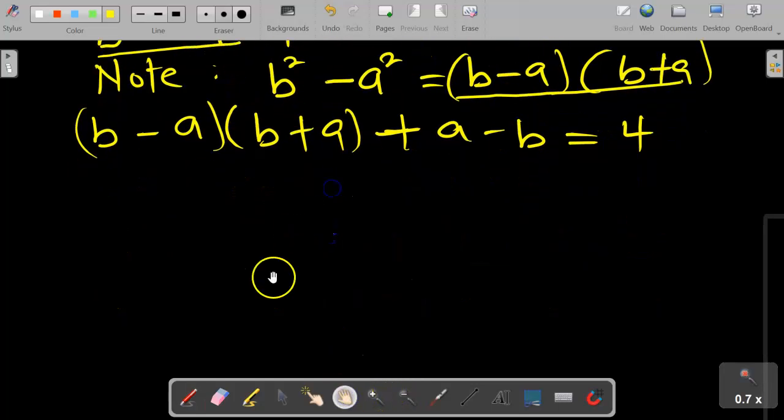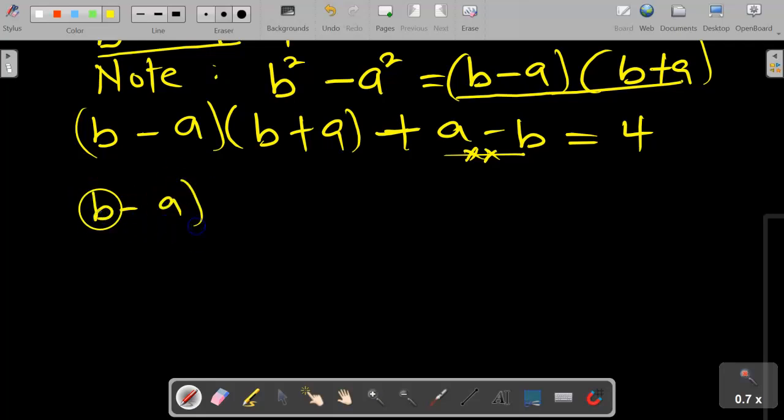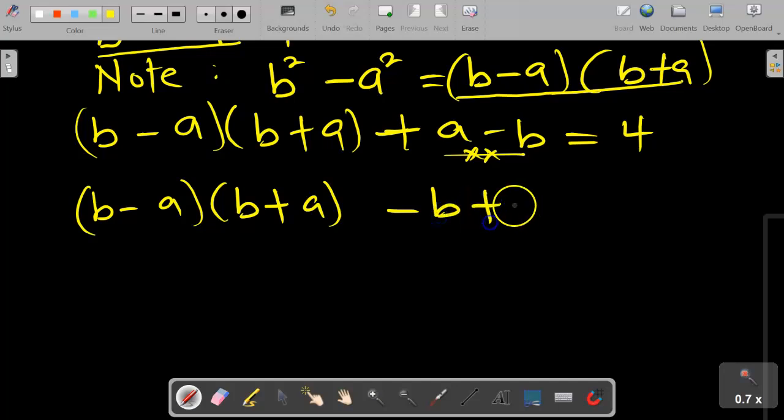Now, how do I continue? What I have here is b minus a, and here is a minus b. I'm going to rearrange this other side so that it looks like this. So I have b minus a, b plus a minus b plus a is equal to 4.